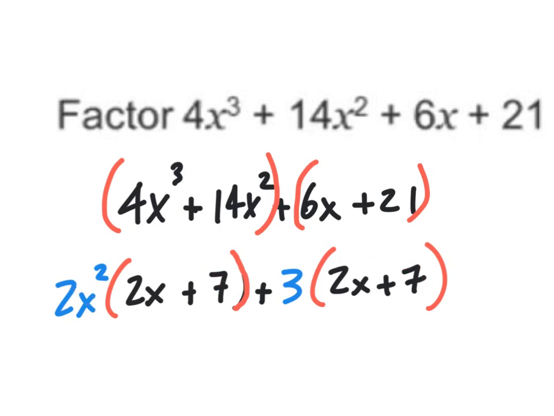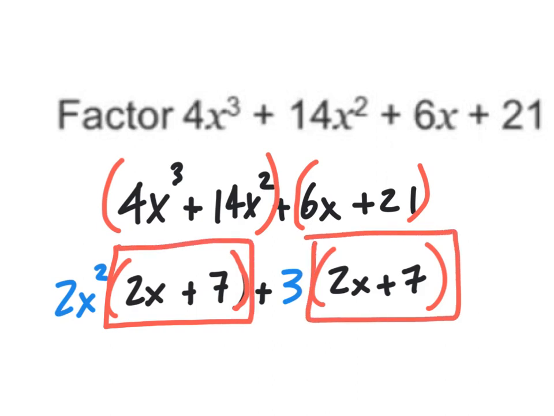Now here's the hard part. I was always good about factoring out these parts, but the next step is to factor a common 2x plus 7 out of each of these terms. It's easy to factor something you can see, but when you have to factor a quantity out, that's where it gets tricky.